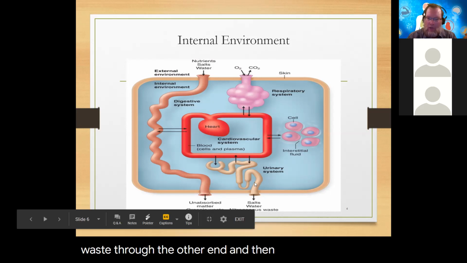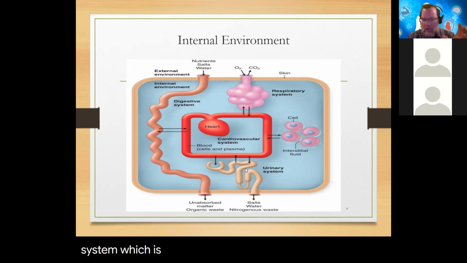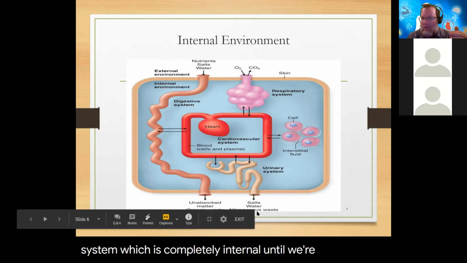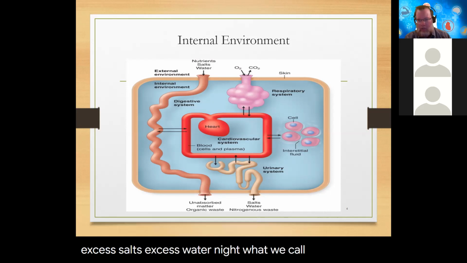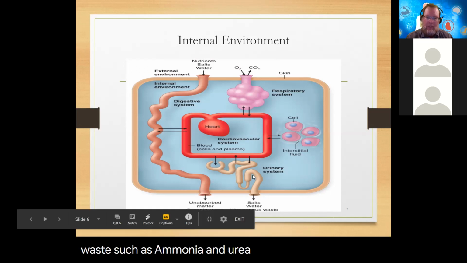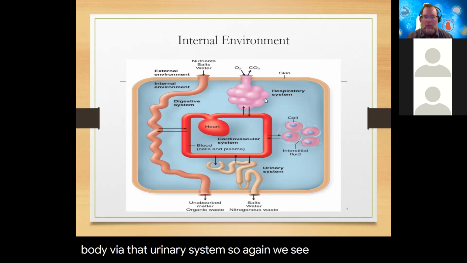Okay, and then we have the urinary system, which is completely internal until we're talking about elimination. Once we're ready to eliminate some excess salts, excess water, what we call nitrogenous waste, such as ammonia and urea, that's going to leave the body via that urinary system. So again, we see 4 body systems represented right on this slide: respiratory, digestive, cardiovascular, and urinary.